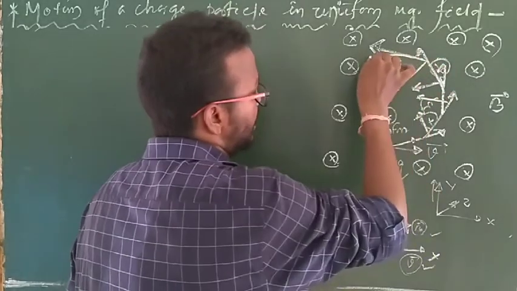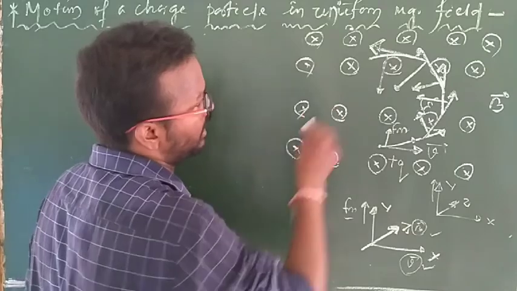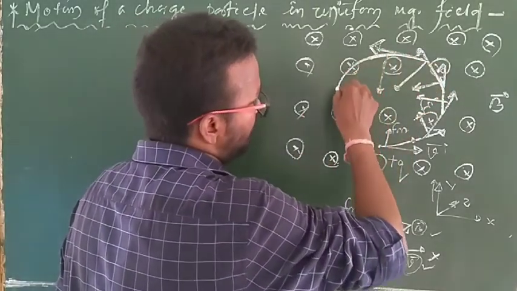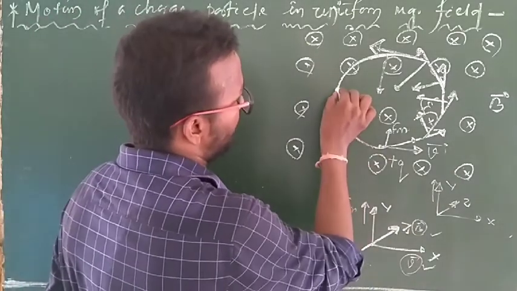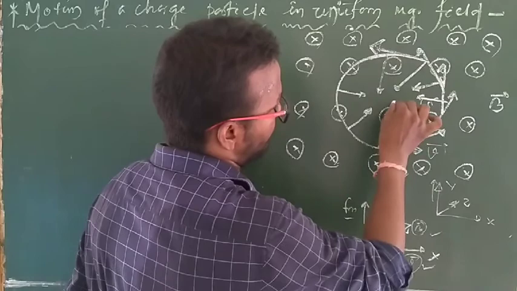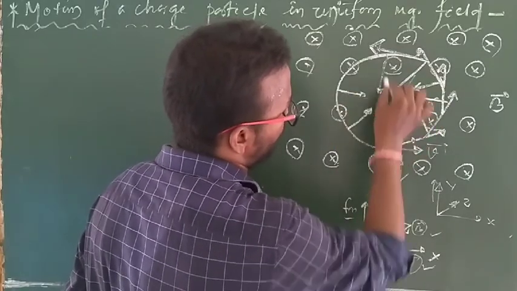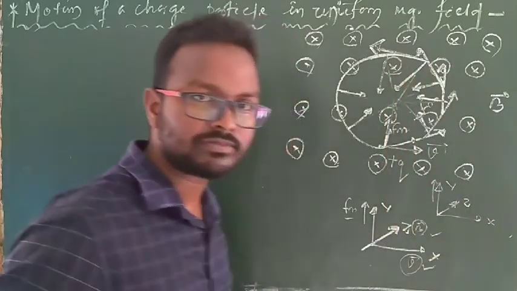The cross indicates the magnetic field in the inward direction, so the charge particle makes a circular path, because the magnetic force is pointed towards the center of the circle.